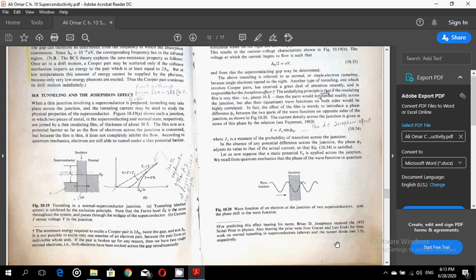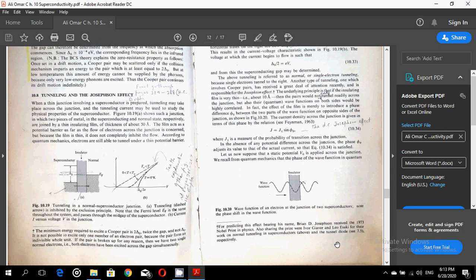The current density across the junction is given in terms of this phase by the relation J is equal to J1 sin phi naught, where J1 is a measure of the probability of transition across the junction. Now this equation is known as the equation of the DC Josephson's effect.